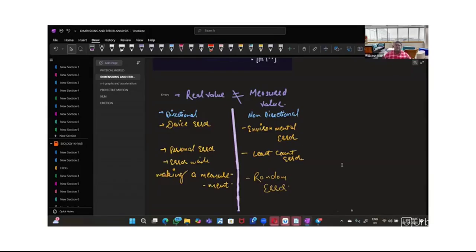On the other end of the spectrum, we have non-directional errors, which are environmental errors. Environmental errors can also be considered random. For example, when you are considering the fermentation of baking soda or bread, it will vary climate-wise.